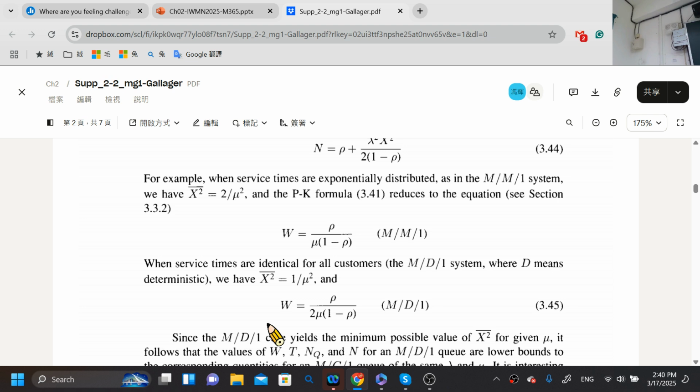And actually, X bar is B bar, and B square bar or X square bar, we have this, 2 over mu square, and substitute into the formula, then we have this. Then explicitly, this one is larger and this one is smaller, because it's half of the N1 queuing delay. Alright, and actually this only applies to N1 and D1, and in fact to the others.